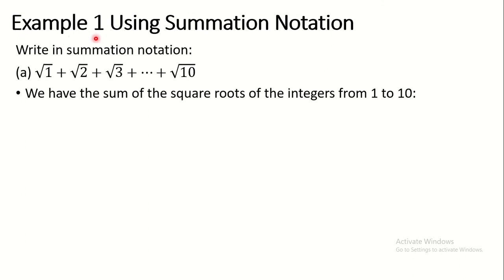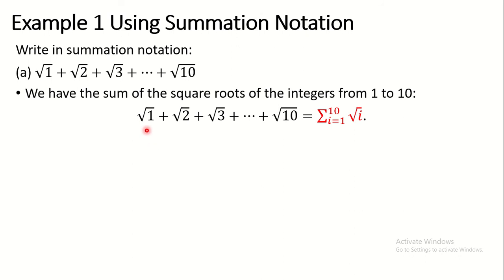Okay, so in example number 1, we're going to write in summation notation. For letter A, we have square root of 1 plus square root of 2 plus square root of 3 plus up to square root of 10. So we have here the sum of the square roots of the integers from 1 to 10.